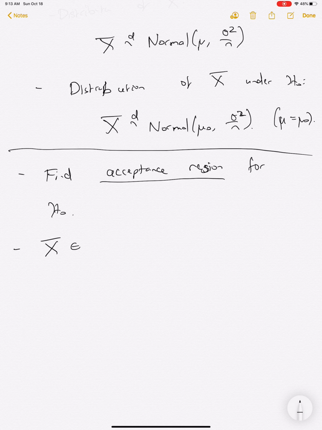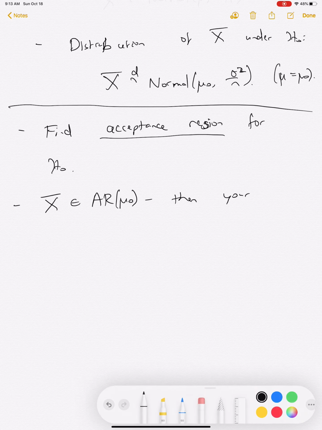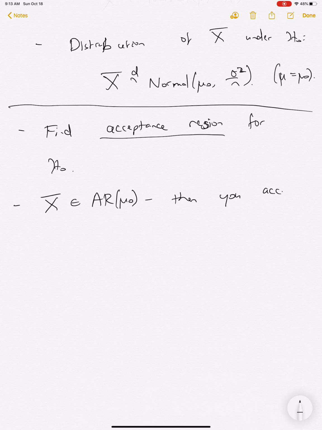So remember, the acceptance region is, if X bar is in AR, let me just explain this. This means that then you accept, or fail to reject, they're equivalent.